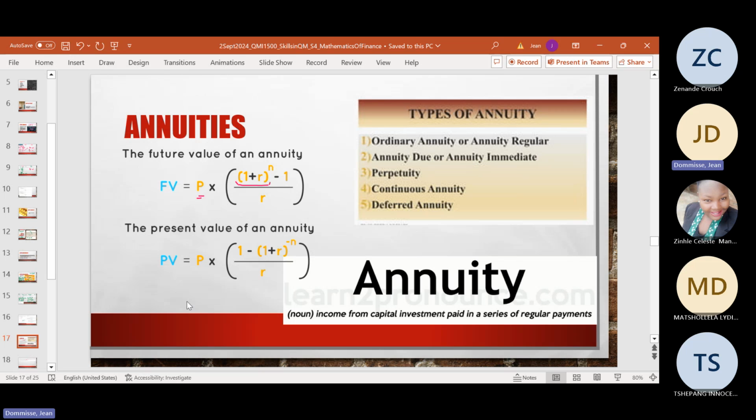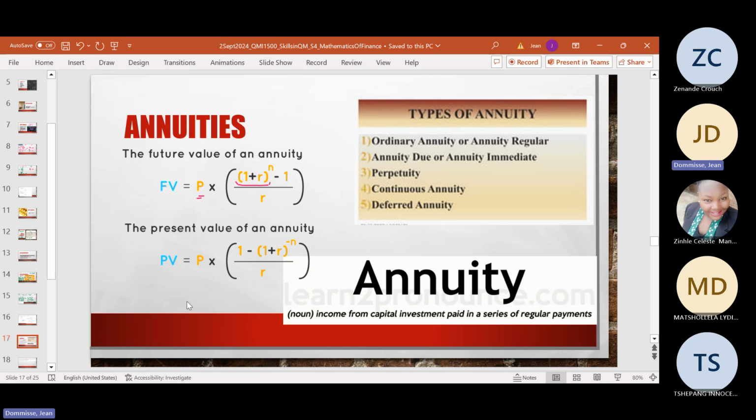Okay, so annuities basically means you putting a piece of money away for a certain period. It might be monthly, it might be quarterly, it might be yearly. So again, we'll look at different questions in this to see what we can look at.